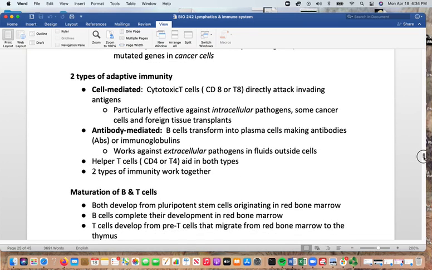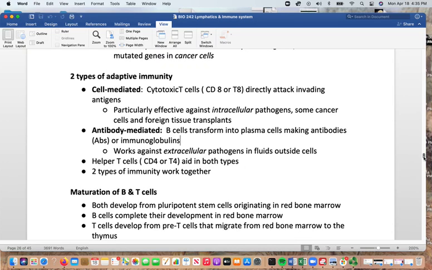So we have two types of adaptive immunity: cell-mediated and antibody-mediated. With cell-mediated, you have cytotoxic T cells that are your CD8 cells that will directly attack the invading antigen. These are effective against intracellular pathogens and some cancer cells or foreign tissue transplants.